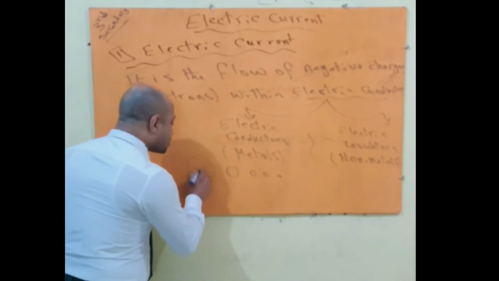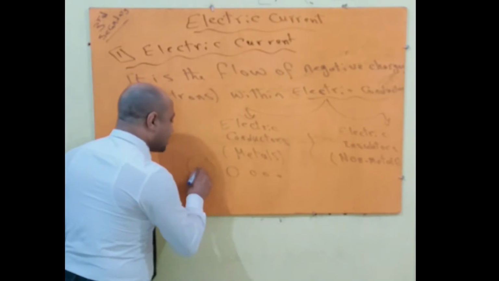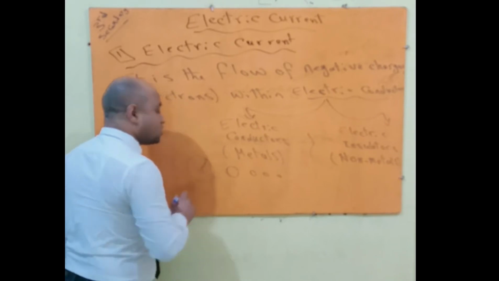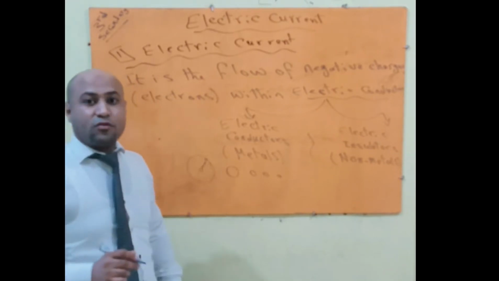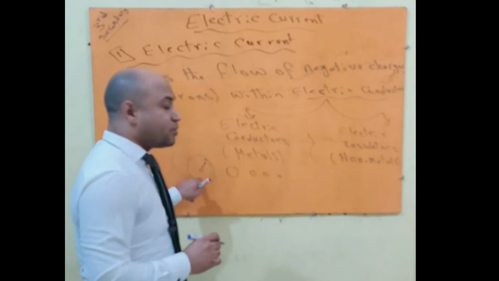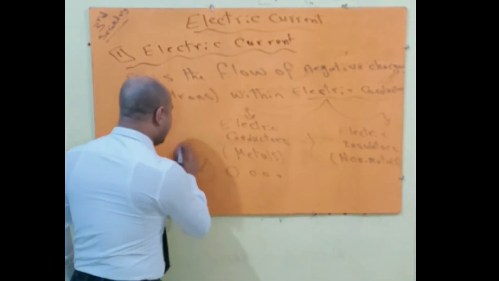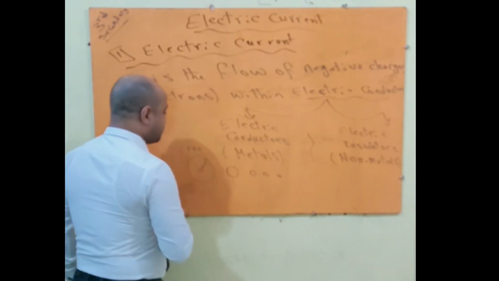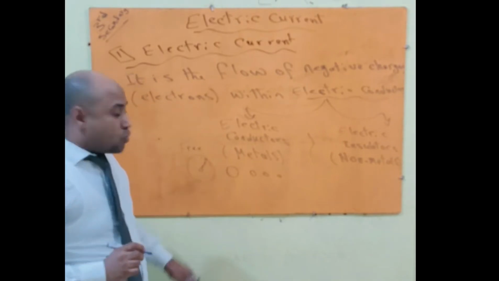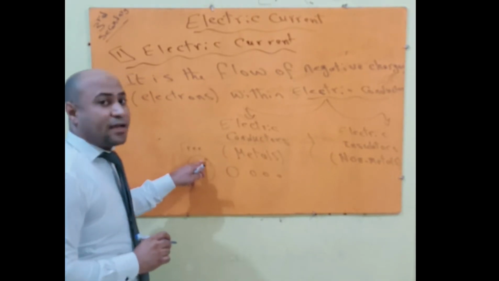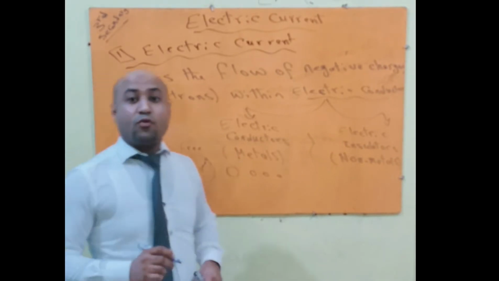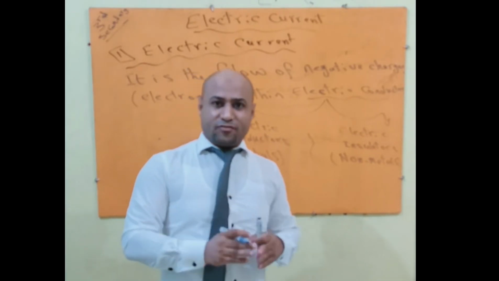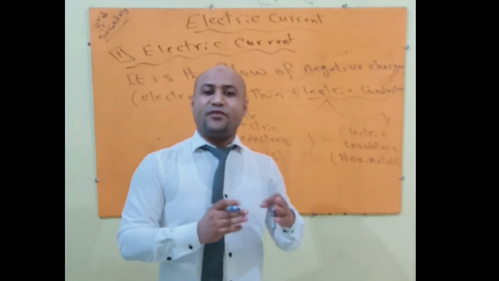So the attraction force between the nucleus and the outermost electrons is very weak. They are loosely bonded to the nucleus, so they are called free electrons, which means these electrons can move from one atom to another. So metals have the ability to conduct electricity because they have free electrons.